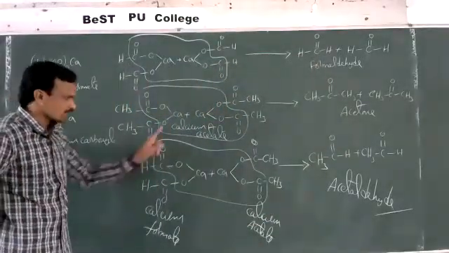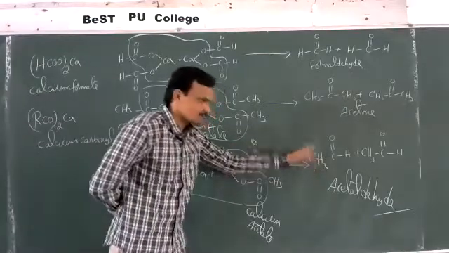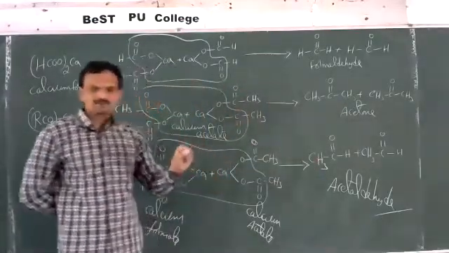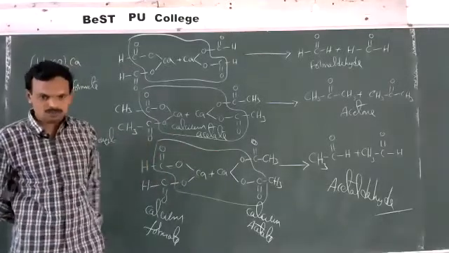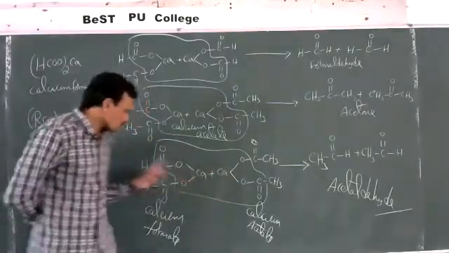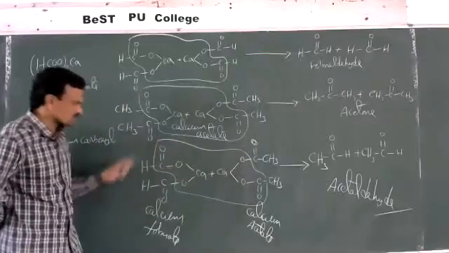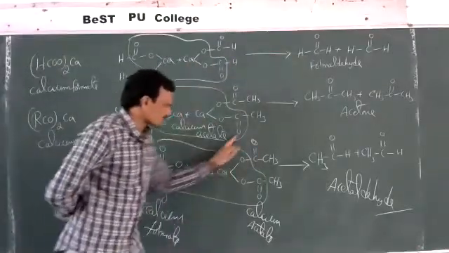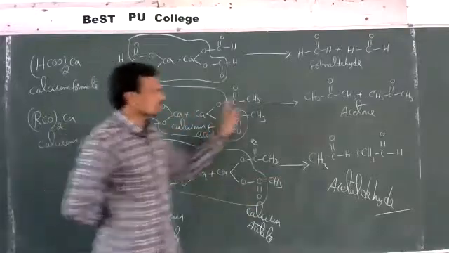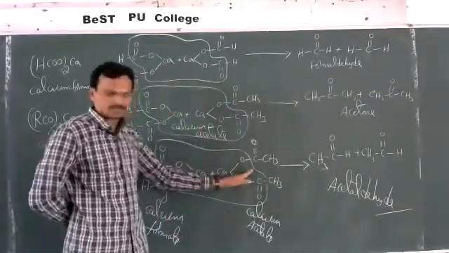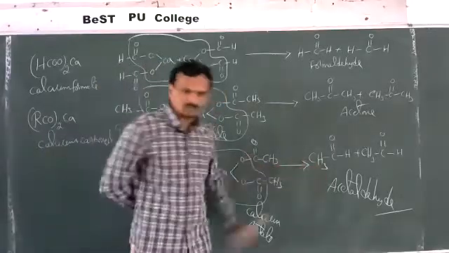Now here, in addition to this, there is a chance of forming formaldehyde as well as acetone also in small amounts. For example, if only 2 molecules of formate undergo distillation, then you can get formaldehyde. Only 2 molecules of acetate undergo distillation, then you can get acetone. 1 molecule formate and 1 molecule acetate, then you can get acetaldehyde.